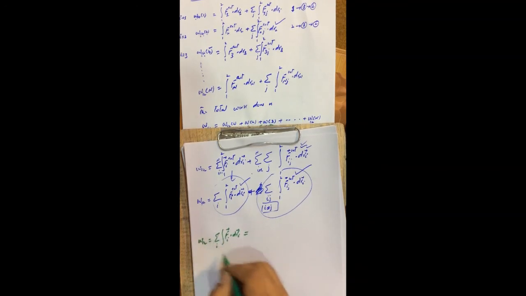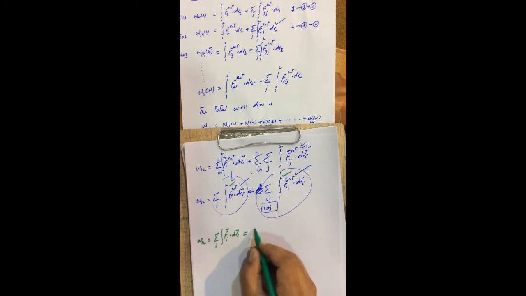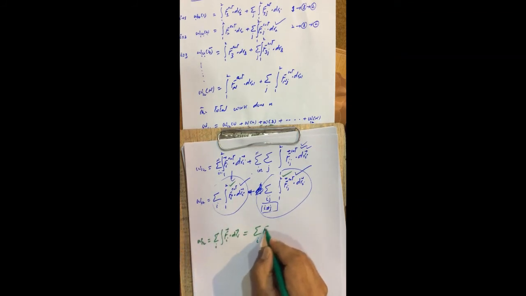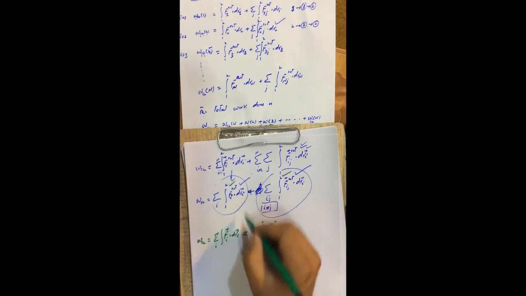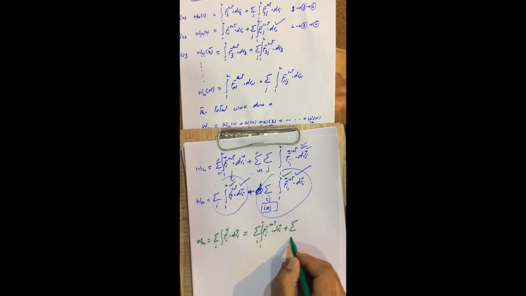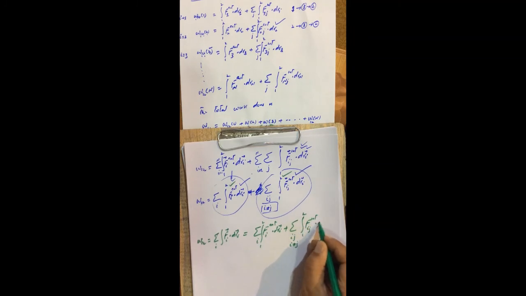This total force is basically a sum of two forces, one is this one and the other one is this one. So the total force is equal to the sum of two terms. One is the sum over i, integral from 1 to 2 of Fi external dot dri, plus one term is this one, sum over ij, such that i is not equal to j, and we have the integral from 1 to 2 of Fij internal dot dri.